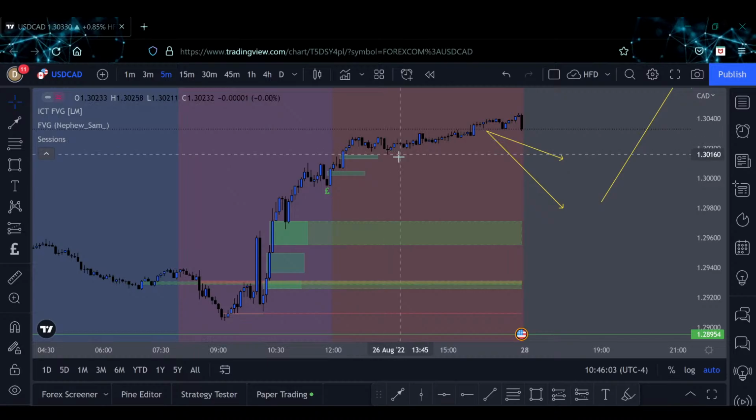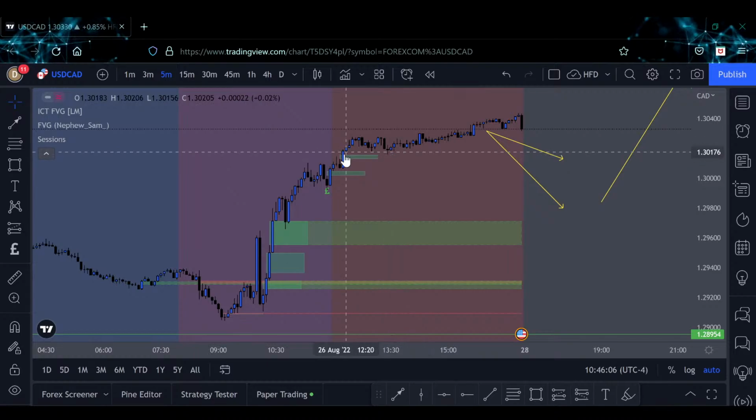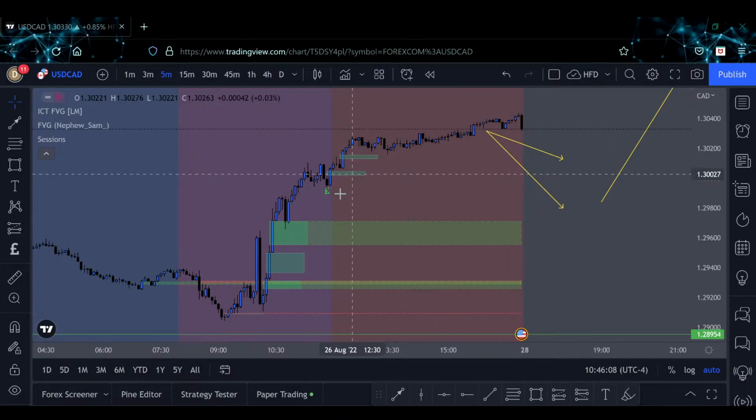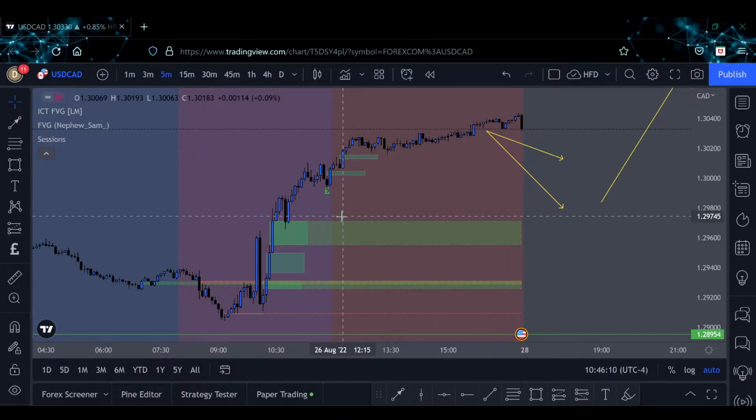Also a fair value gap here, to be filled.